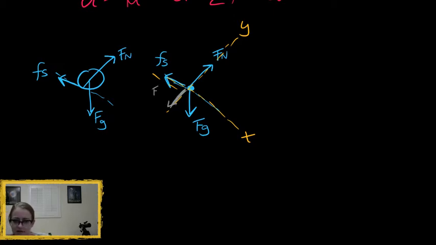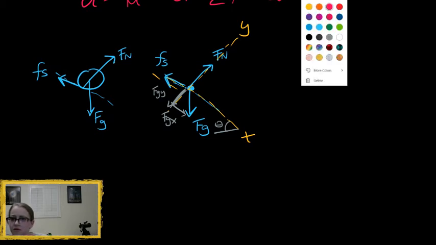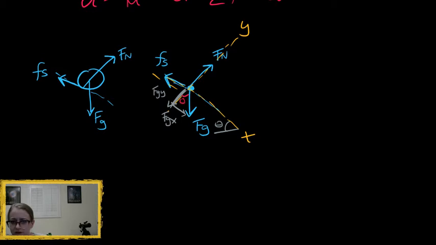We're going to have an FGY and an FGX. And this ramp makes an angle that is equal to the angle that we have up here. Why is it equal to that angle?